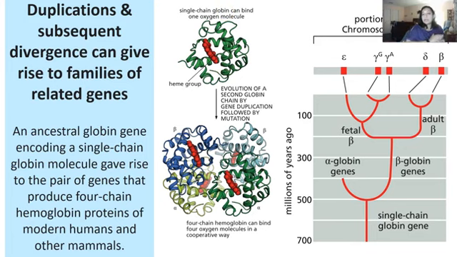But through this evolution of the second globin chain and these different rounds of gene duplication and mutations, you now have this 4-chain hemoglobin molecule with the 2 alpha and the 2 beta, and now you can actually end up with 4 oxygen molecules per protein. And so it allows for more oxygen to be transferred from one place to another in a more efficient manner.